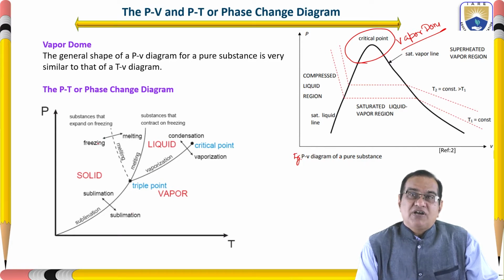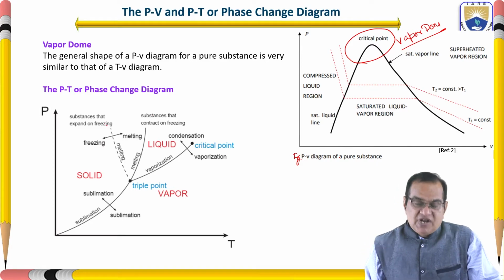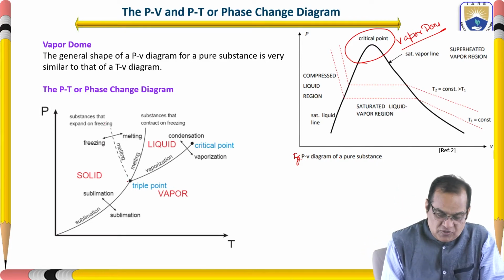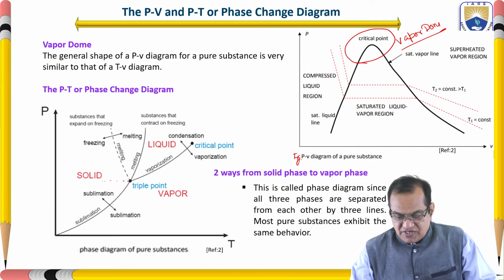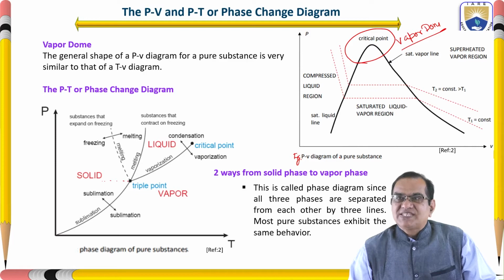From solid, freezing to liquid, it is called melting. So these are a few important points. I also recommend remembering that there are two ways from the solid phase to the vapor phase. This is called a phase diagram, since all three phases are separated from each other by three lines.